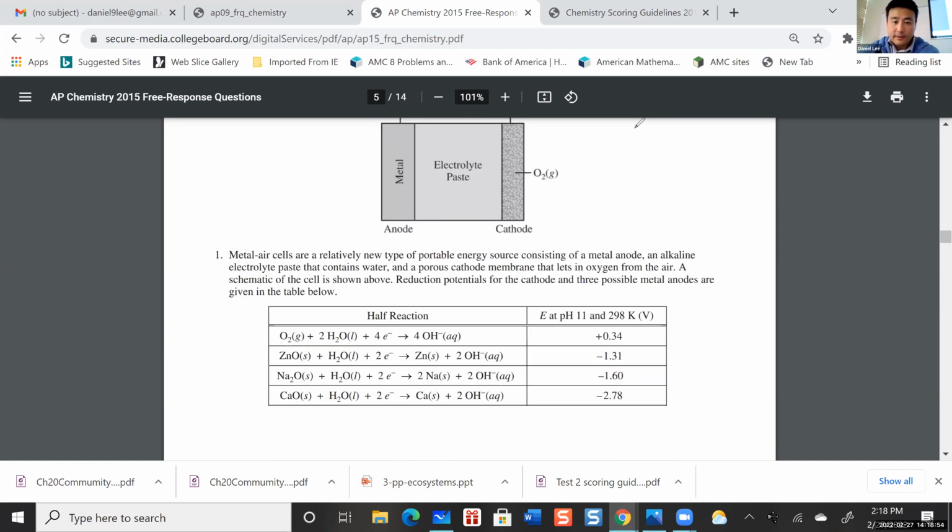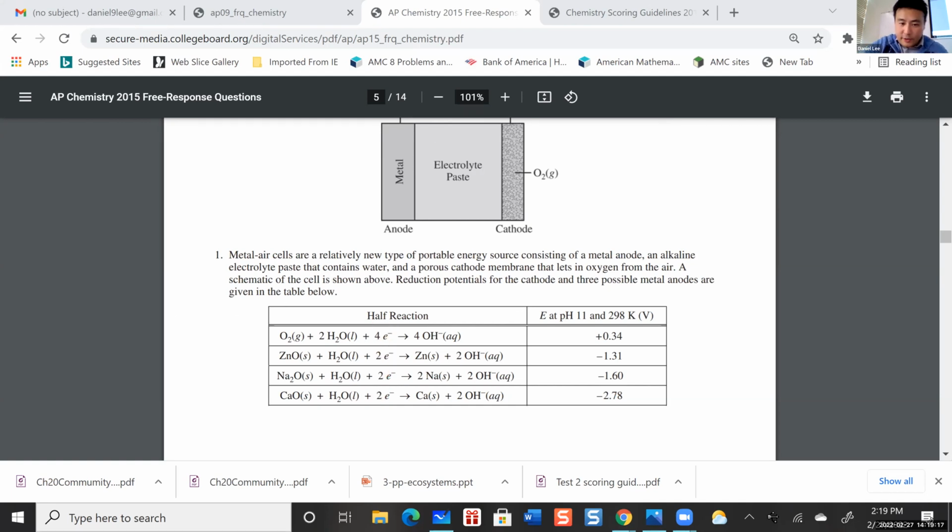And then here's the table. You see, they won't give you the entire table. They'll give you this. So here is the reduction of oxygen right here. Again, they will always give you reductions. They will never give you oxidations, yeah? So these tables are by default given as reductions, and I have all reductions, okay?